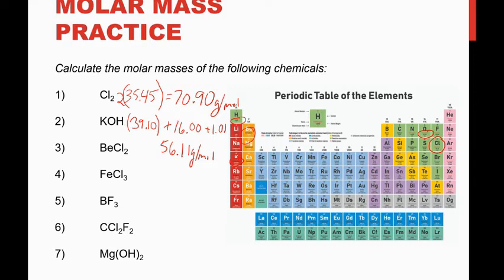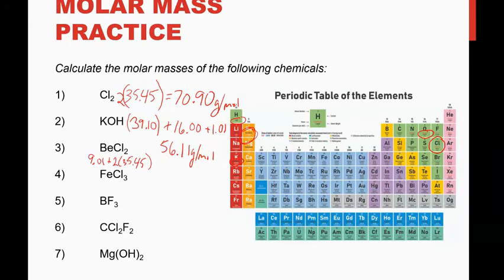Okay, so for the next one, beryllium chloride, I'm going to look at beryllium, and beryllium is right here on the periodic table. So I want to figure out beryllium is 9.0122, so it's going to be 9.01 plus 2 times 35.45, which again is 70.90.